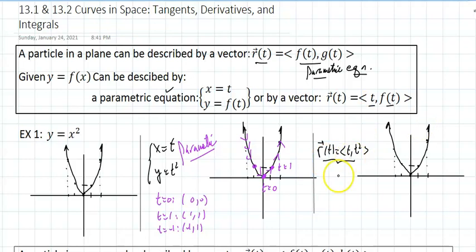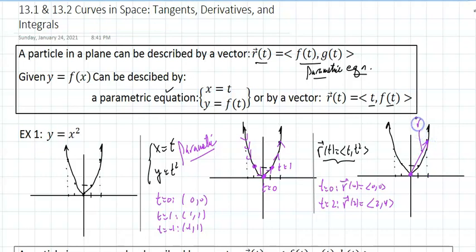The difference, however, is that at t equals 0, I have r of 0 being (0, 0). Well, you're right there. At t equal 2, r of 2 is going to be (2, 4). So this is going to be described now by a bunch of vectors.